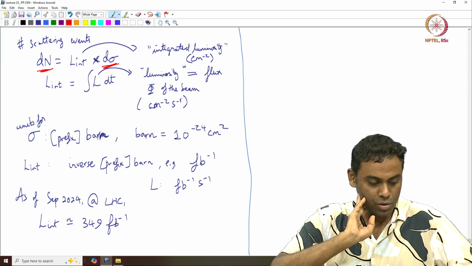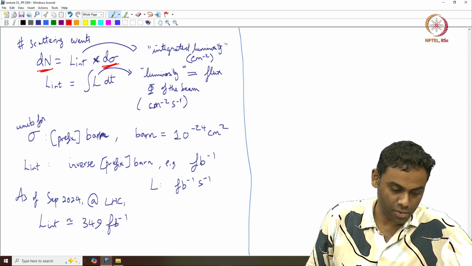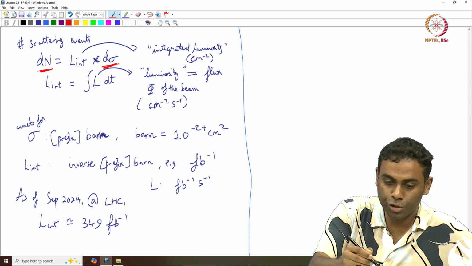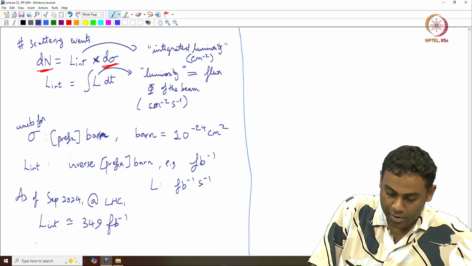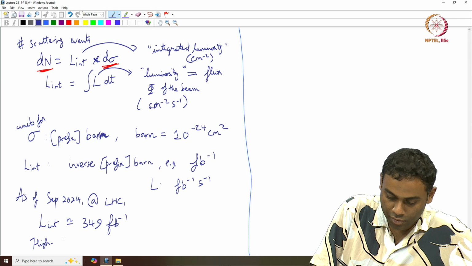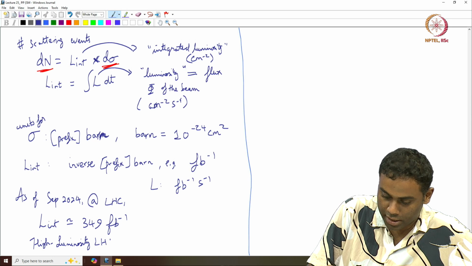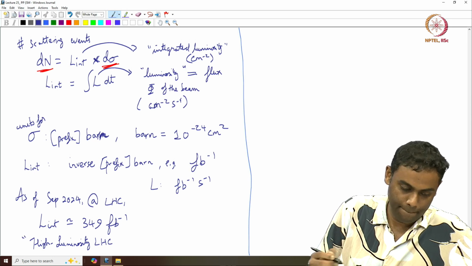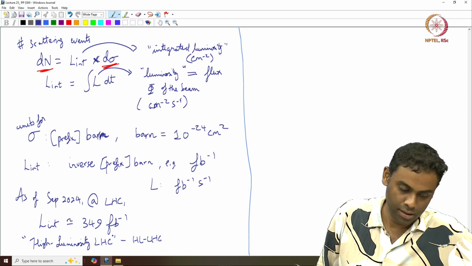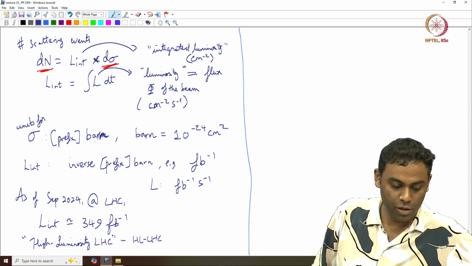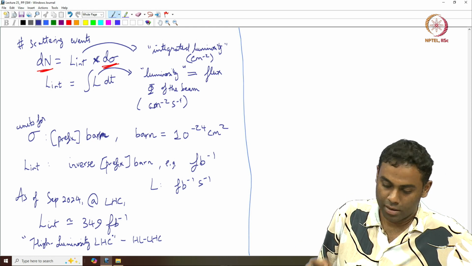Okay, and to give you some idea, in the not so far future, people are thinking of putting in another collider called the high luminosity LHC. Okay, it's sometimes called HL-LHC. They're not going to change the energy of the beam.